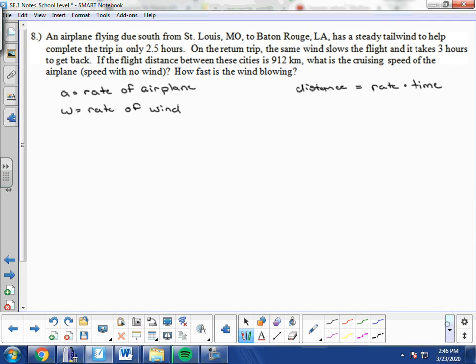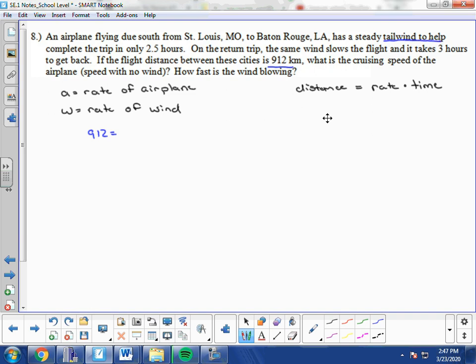The first equation is the trip from St. Louis to Louisiana. The distance is 912 kilometers. So 912 equals the rate, the speed that it's traveling. Now, it doesn't tell us how fast the plane is going, but what it tells us is the tailwind is helping complete the trip.